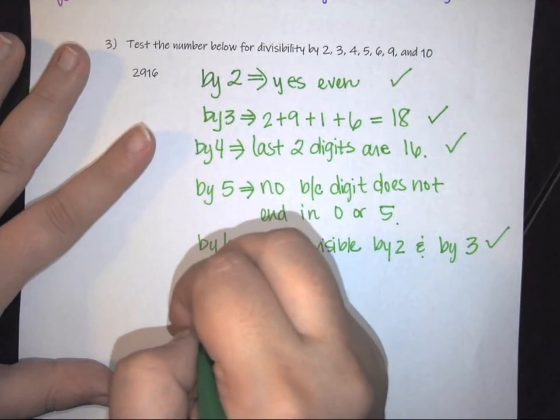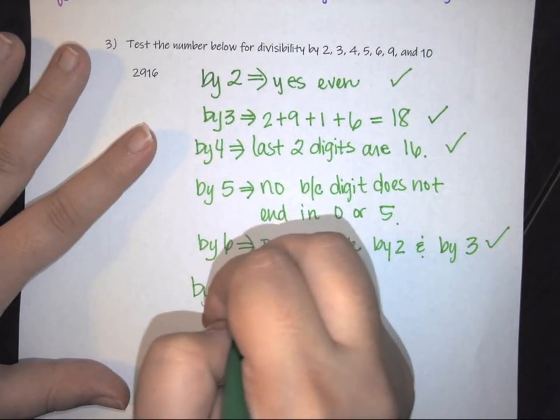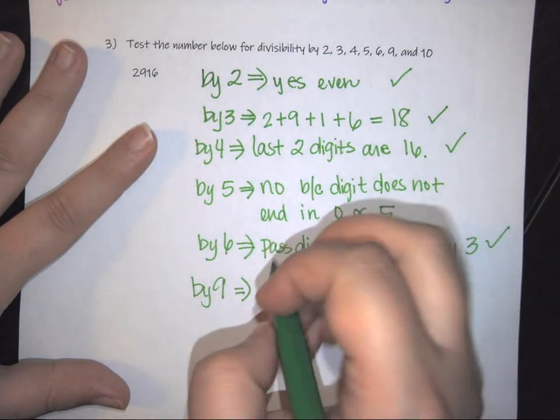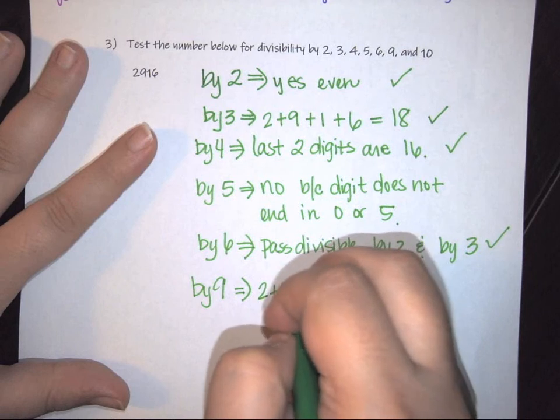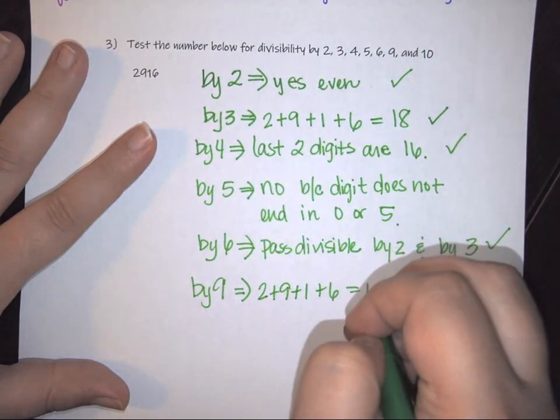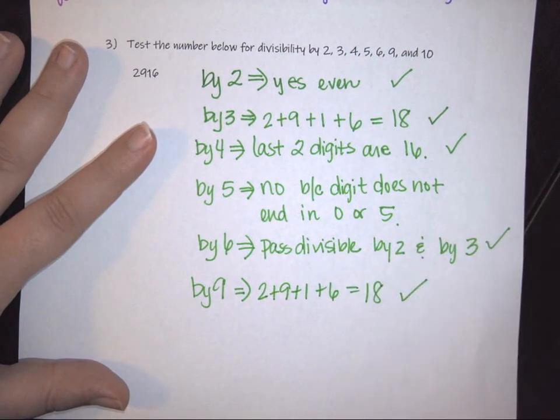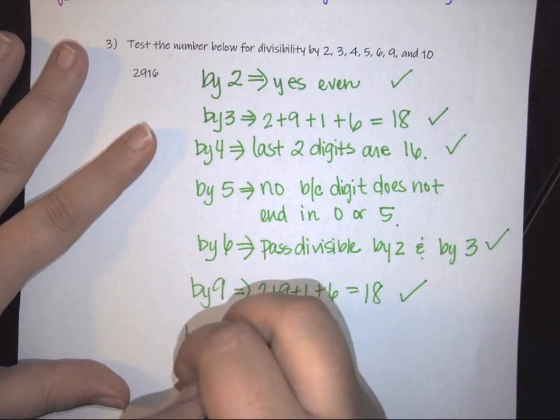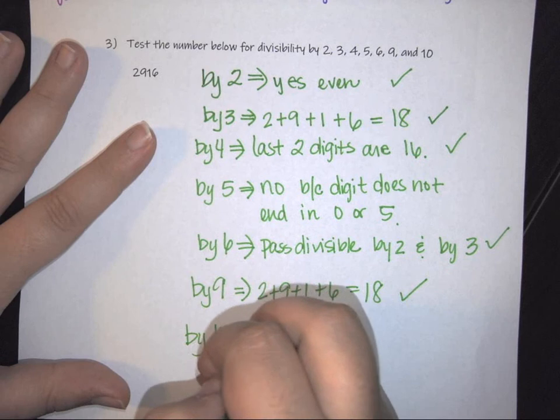When we look at divisible by 9, again, this says we need to sum the digits. Well, we already did that. 2 plus 9 plus 1 plus 6 gives me 18, which is divisible by 9. Therefore, it works.